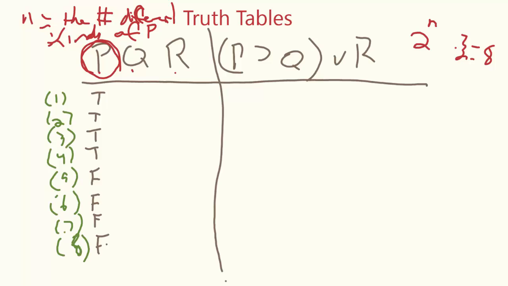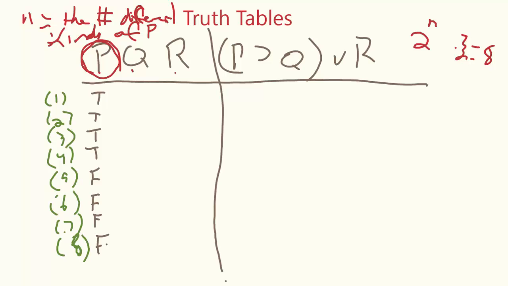So if there were 4 different kinds of propositions as opposed to 3, we would have 16 rows. The first 8 would be T, and the second 8 rows would be F's. But since we only have 3, the first 4 are T's, and the last 4 are F's. Then we have that pattern.